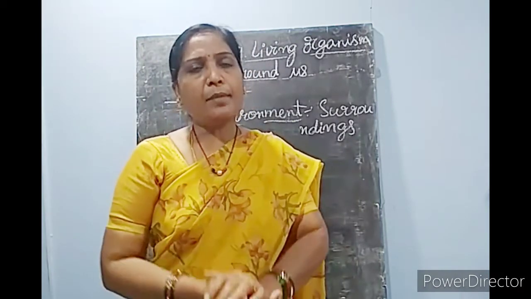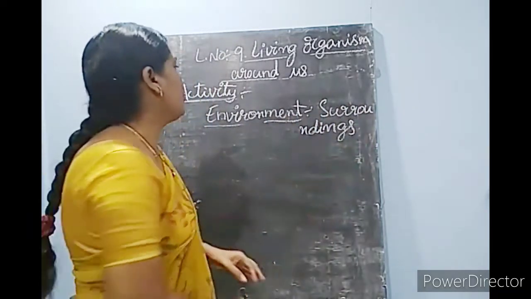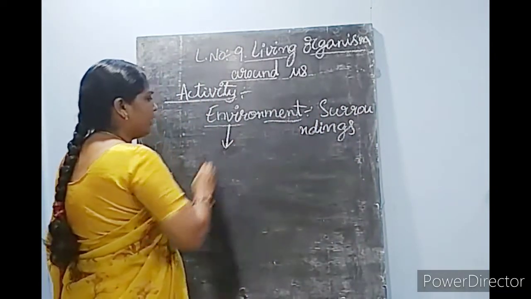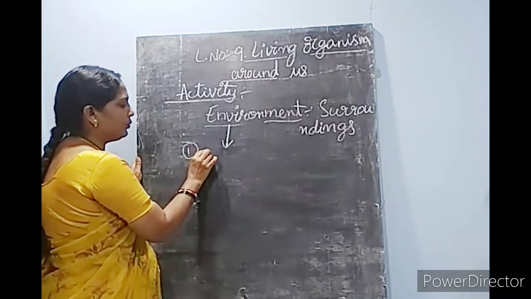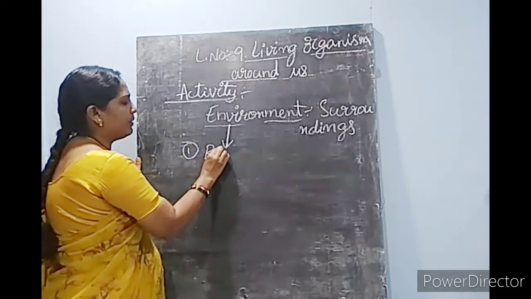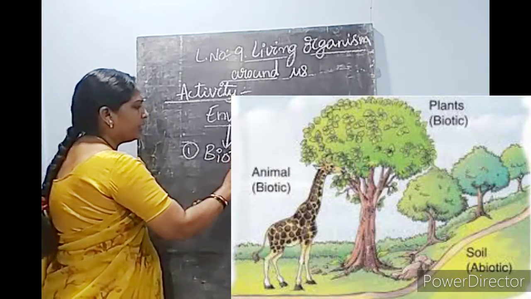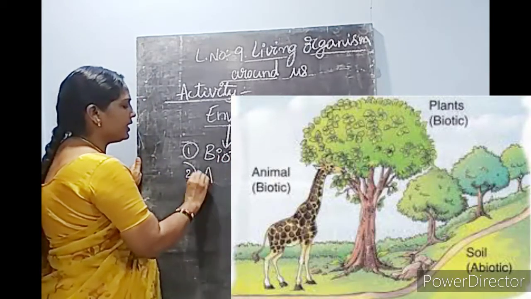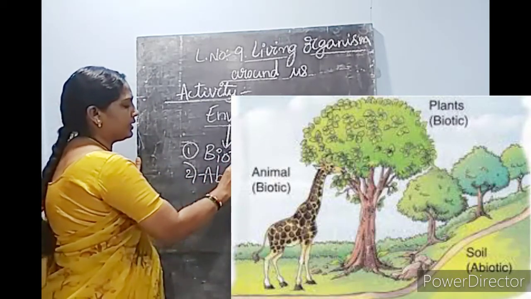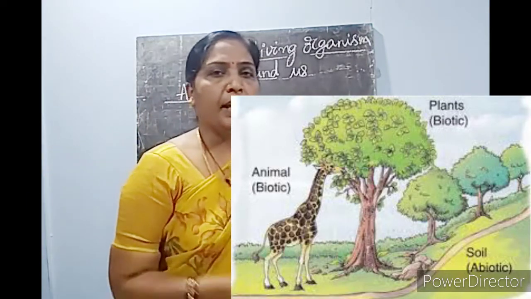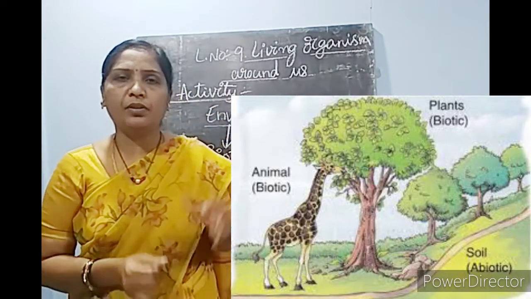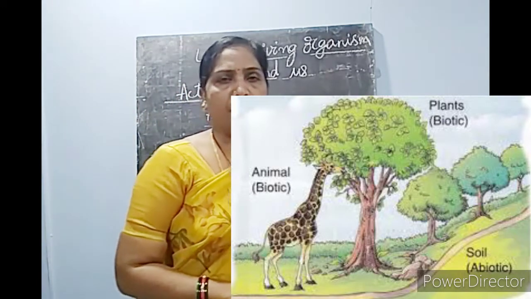So what does an environment actually consist of? What will be in the environment? It is made up of two things. One is biotic things, the other is abiotic things. What is the meaning of biotic things? The environment is made up of biotic and abiotic things.